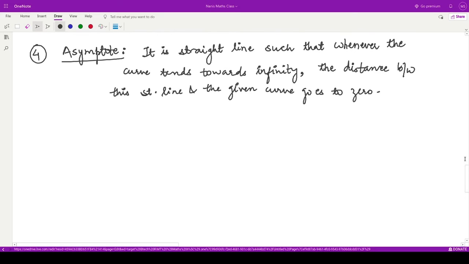Now in order to see what asymptotes this curve has, we first check for horizontal asymptotes.